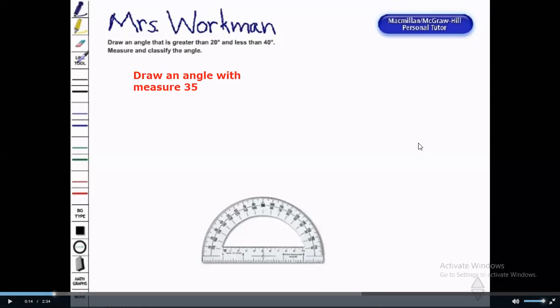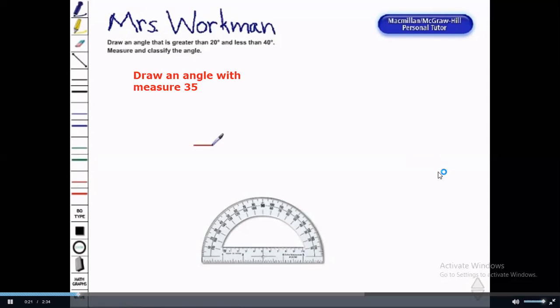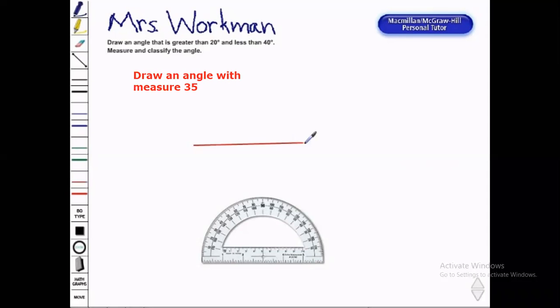Follow the video. The first thing to do to draw an angle is to draw that initial ray. First step means draw a ray, one of the sides of the angle. We know that an angle is made up of two rays that share a common endpoint, which is called the vertex.